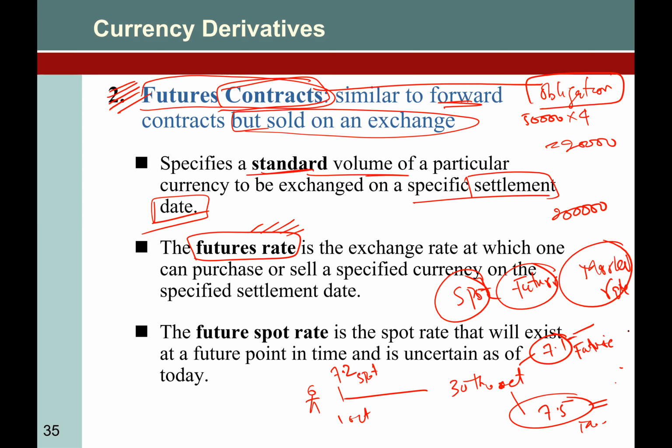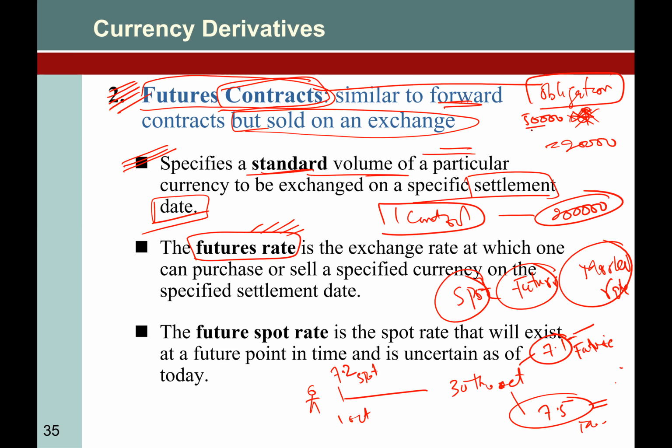Understand? The difference between future and forward is that the forward is more customized according to individual need. If this is a forward contract, we don't need 4 contracts, just 1 contract, because it tailors to your individual needs. The bank can say, okay, let's go for 200,000. But no bank is involved in future contracts. It is an exchange, like shares.